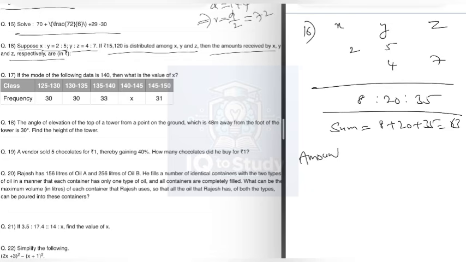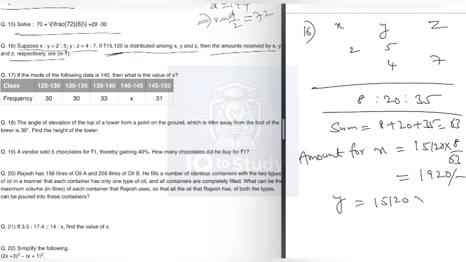and amount for x is 15,120 into 8 by 63, which is equal to 1920 rupees, and for y it is 15,120 into 20 by 63, which is equal to 4,800 rupees.